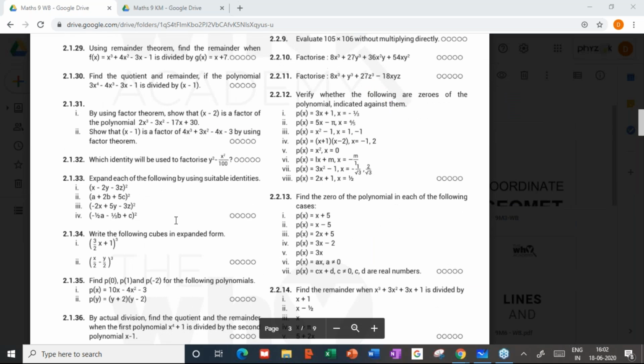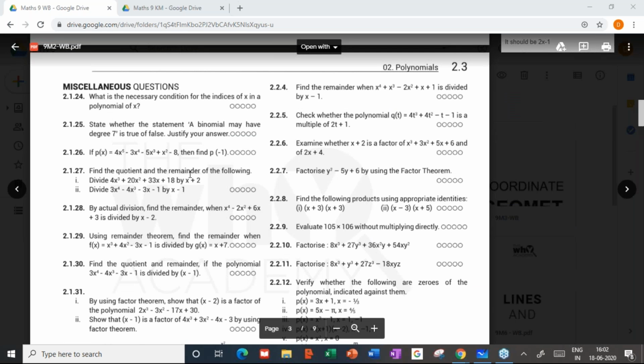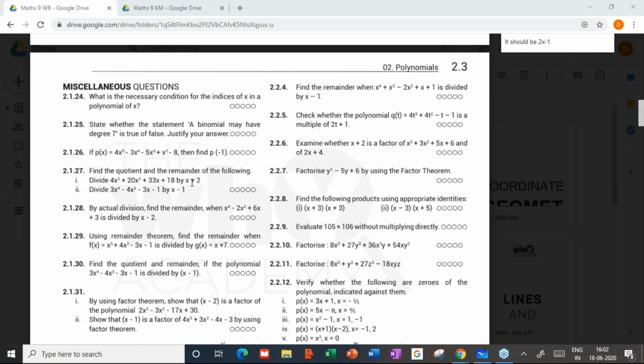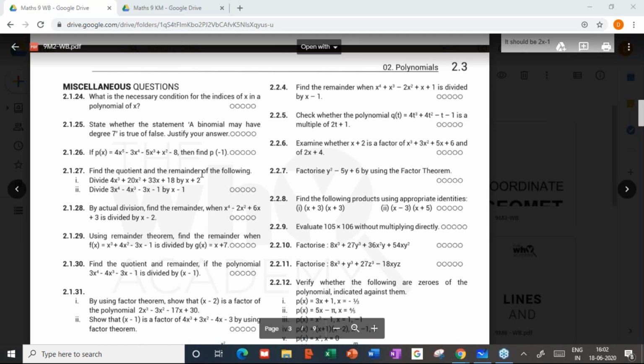For this question itself, find the quotient and the remainder of the following. If they give you a question like this, g of x is x plus 2, highest degree is 1, which means it's a linear polynomial, so you can use remainder theorem here.